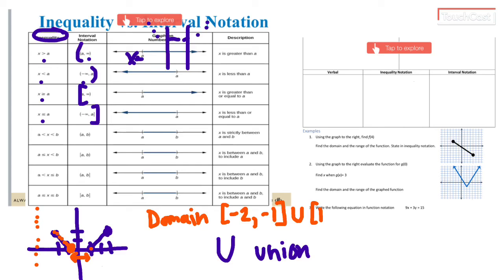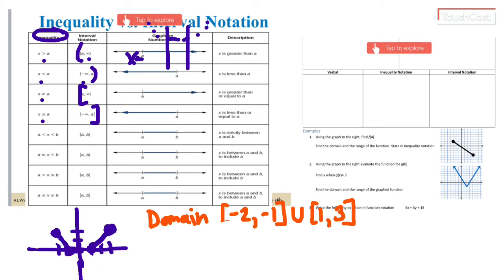And then we keep moving along, all the way up here to this very last one. That is x is equal to 3, and both of those are points, so we're going to use those brackets as indication of that.